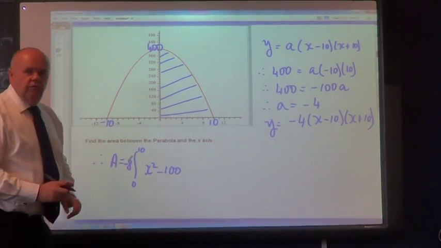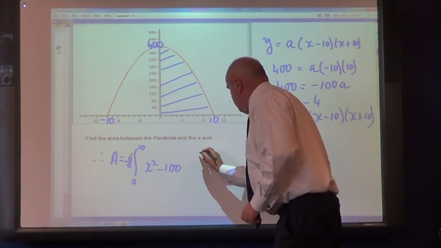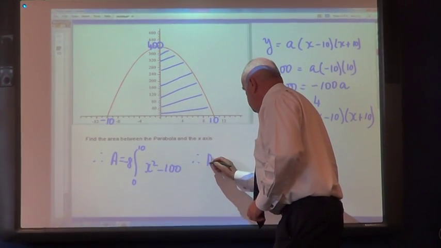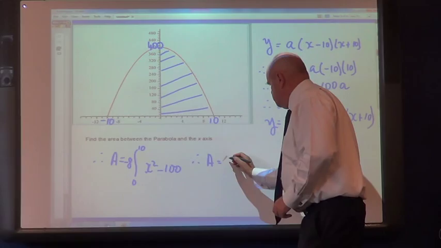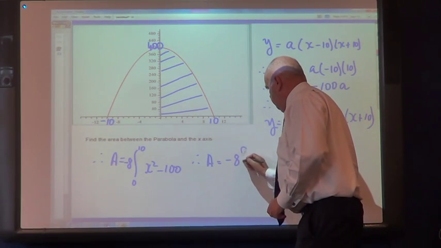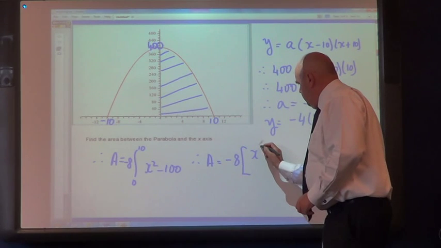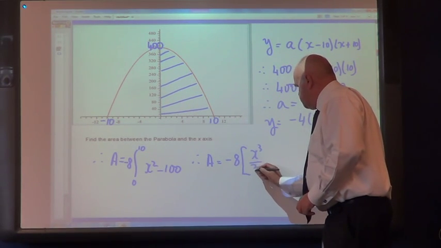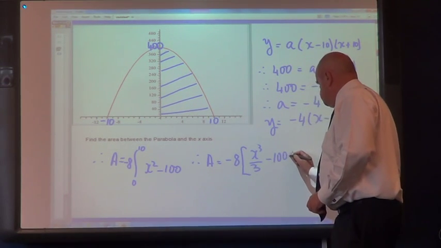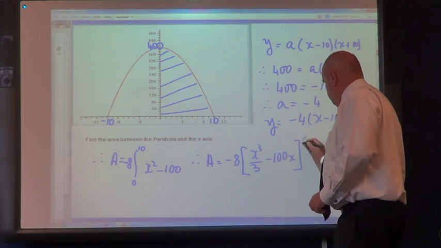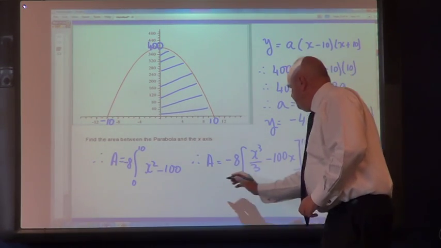Okay? Now that's a reasonably straightforward area problem to solve. We now go into the calculus, not forgetting our negative 8 there. Increase the index by 1 and divide by the new index, minus 100x, and my limit is 10 and 0.